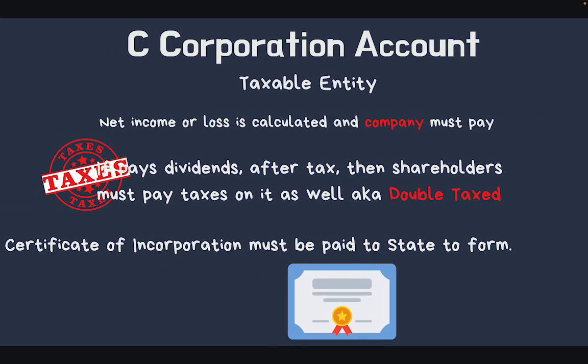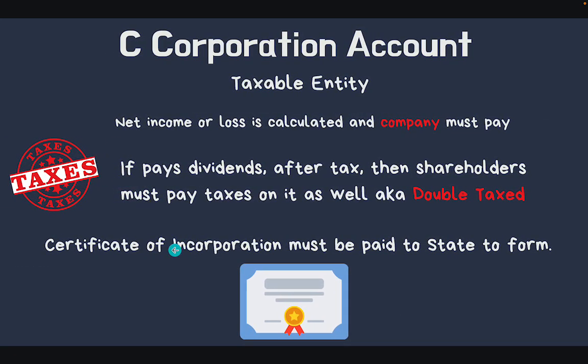Now we're going to look at a C corporation account. This is a taxable entity. It's taxed as a whole. The net income or loss is calculated and the company must pay. Notice company starts with a C, and this is a C corp.